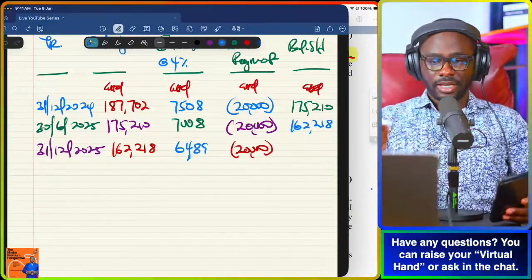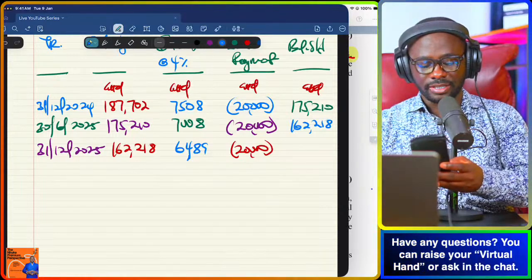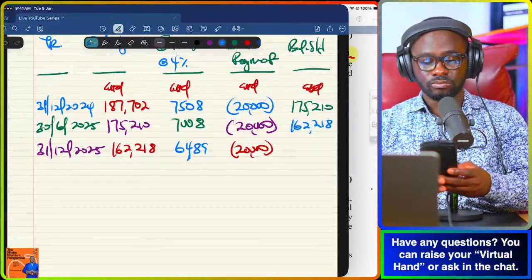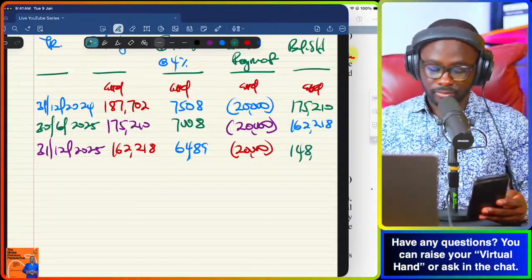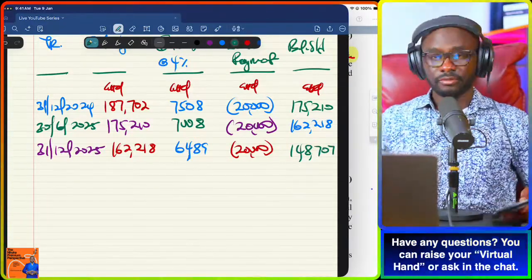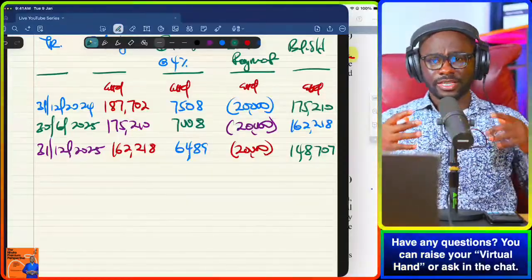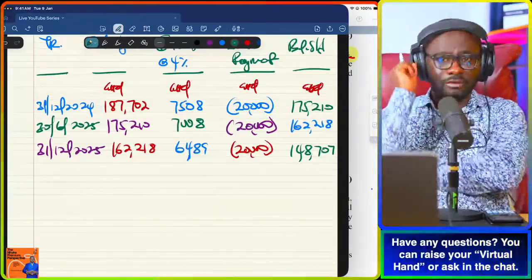Then we do the arithmetics: 162,218 plus 6,489 minus 20,000, and that is 148,707. Now, this 148,707 is the liability at the end of the year 2025.